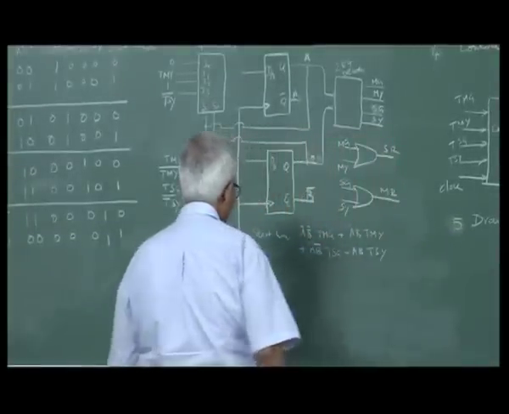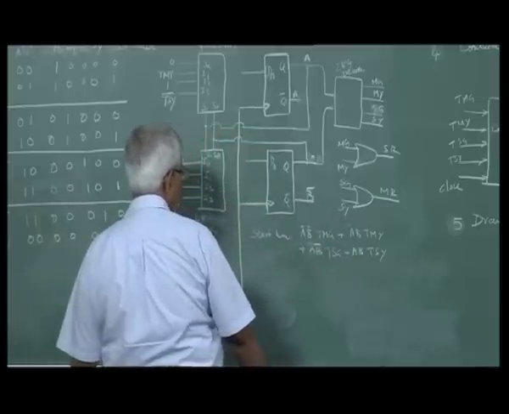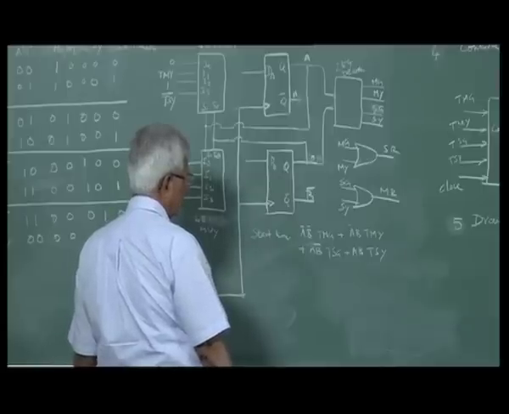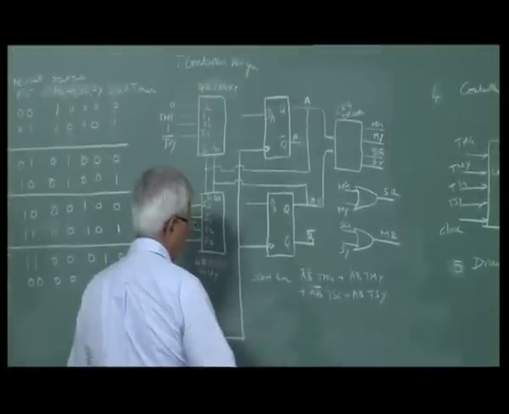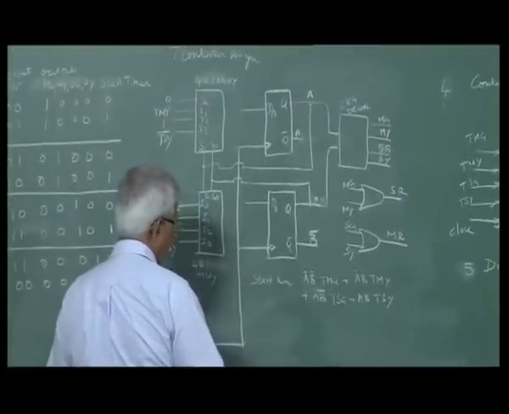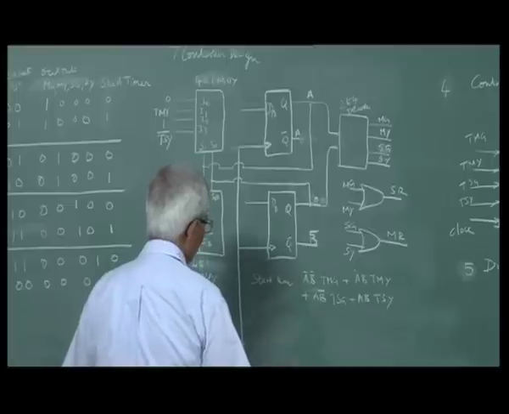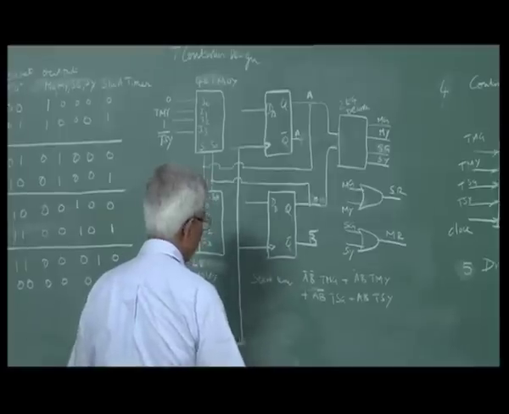The 3 input gate. A bar, B bar, A bar, B, A B bar, A B is a decoder with TMG, TSG.